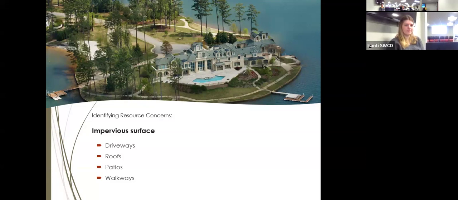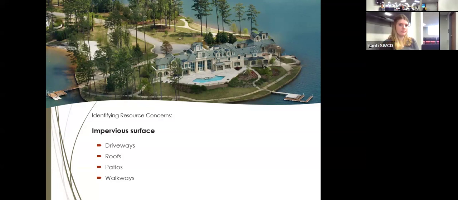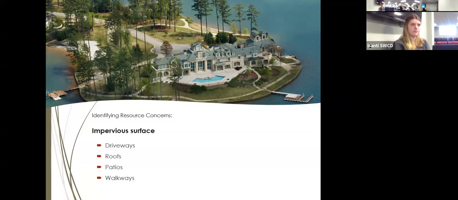So impervious surface basically is structures or landscape that doesn't allow that water to infiltrate into the ground. So instead of going to the ground, it's being moved, on rooftops, driveways, sidewalks, into the lake, so it doesn't go into the ground.